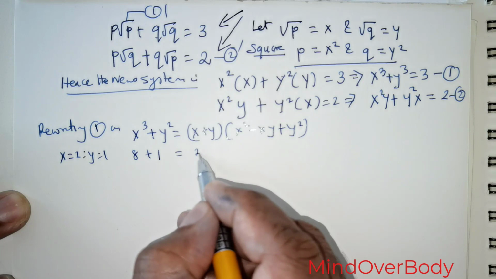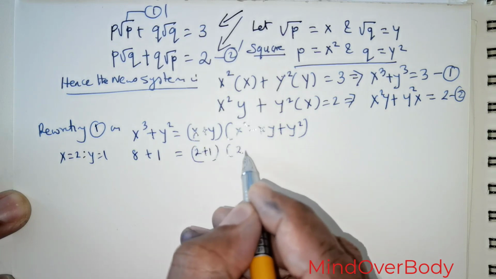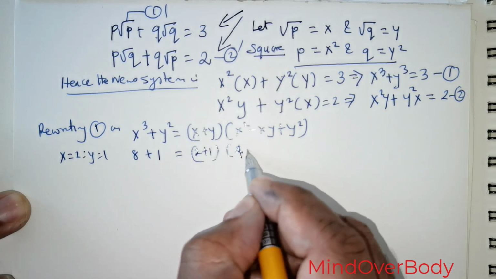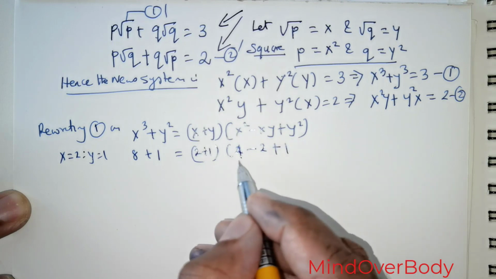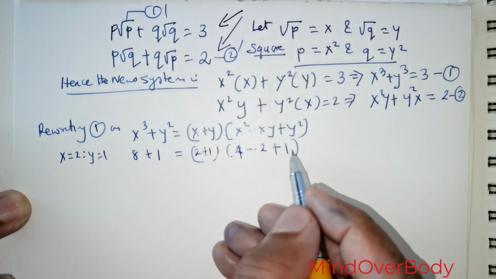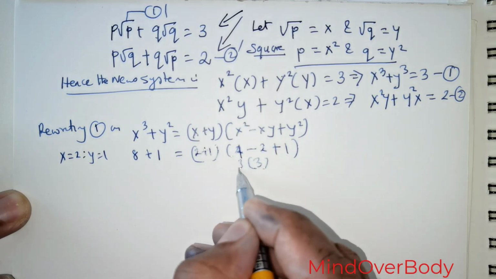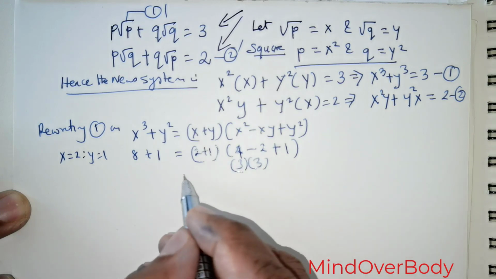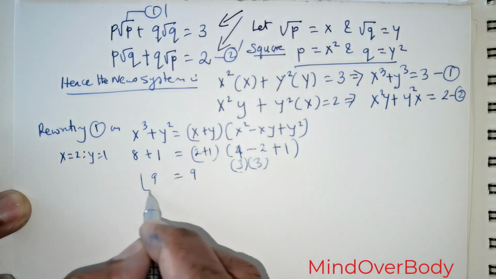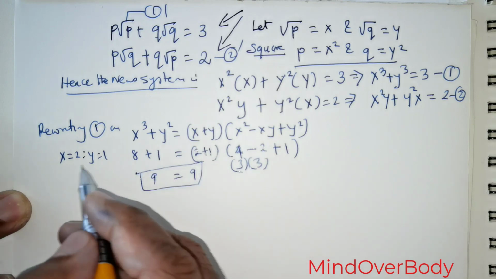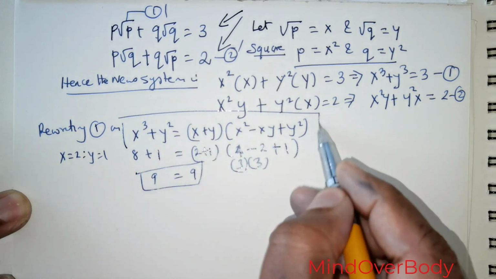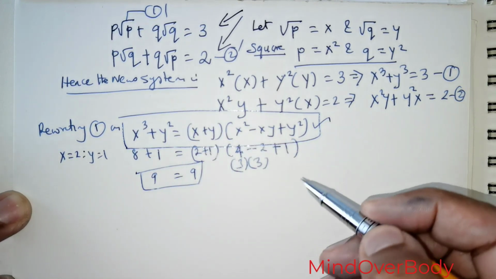On the right side, 2 plus 1 is 3, and 2 squared is 4, minus 2 plus 1, 4 minus 2 is 2, 2 plus 1 is 3, so 3 times 3 is 9, and 9 is equal to 9. I did all this to show you that this is a valid expression.